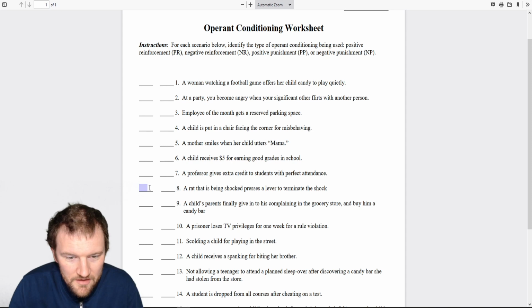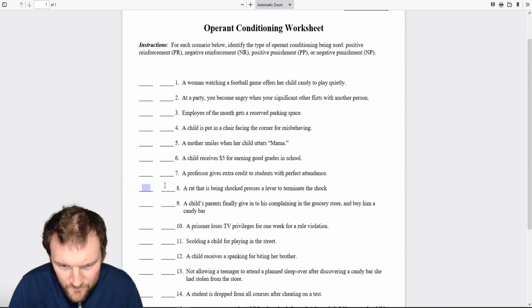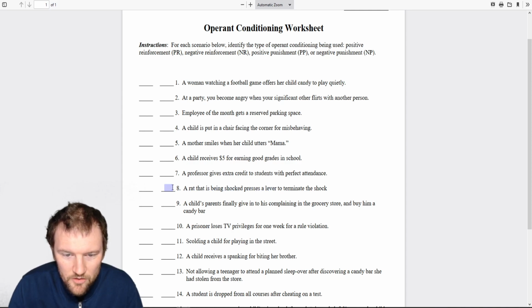So the first letter would be N for negative. Since we are removing the shock, negative means removing, positive means adding. The second letter, is that going to make the rat press the lever more often or less often in the future? That will make the rat press that lever more often because he's being rewarded for pressing the lever. So that would be R, reinforcement.